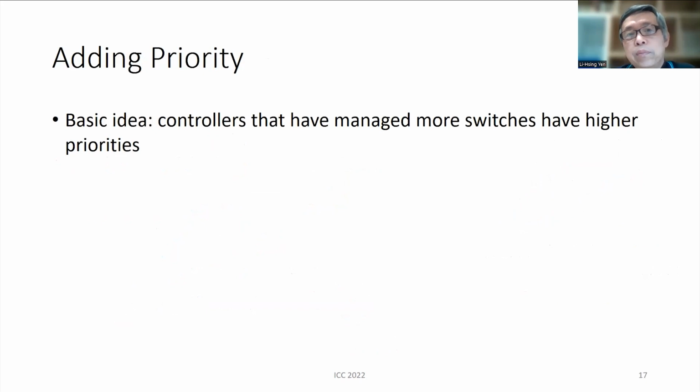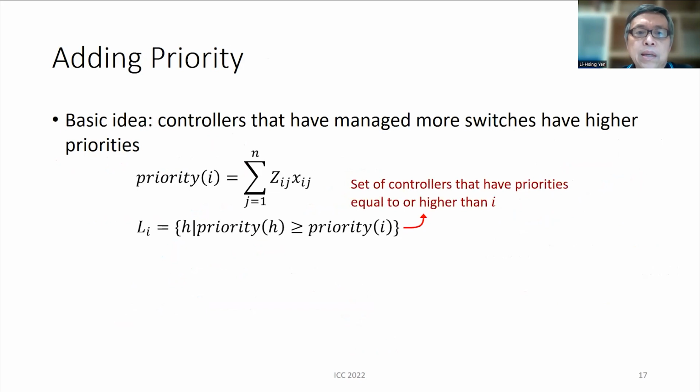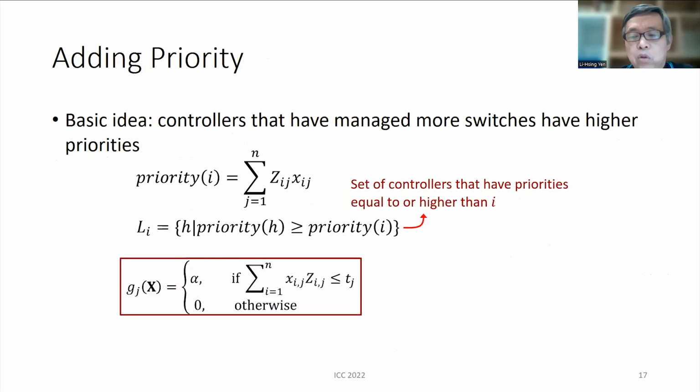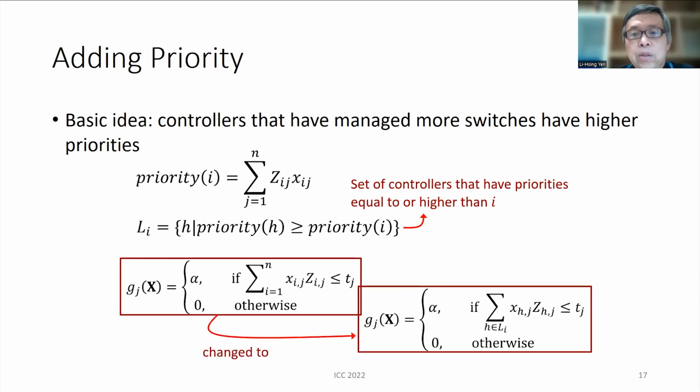So to overcome this limitation, we propose another game. We add priority to controllers. The basic idea is controllers that have managed more switches have a higher priority than the others. We define priority like this, and we change the definition of several functions like G, change it to this one. In the modification, when a controller has to make a decision, it only cares about controllers with equal or higher priorities.